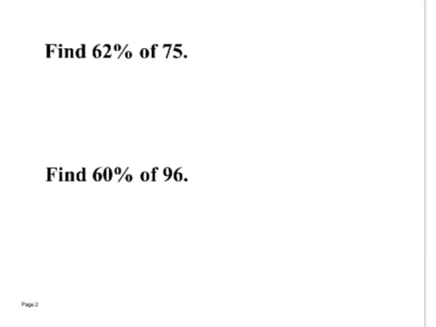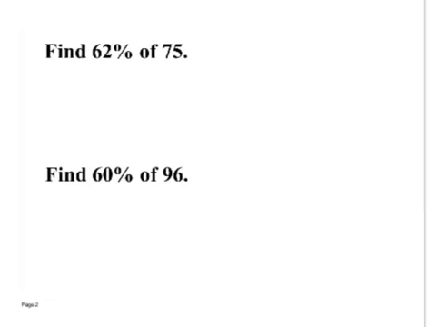So write this down. Let's find 62% of 75. So I need to know what 62% of 75 is. That is asking for the part. They give me the percentage. They give me the whole. So I go back to my equations.